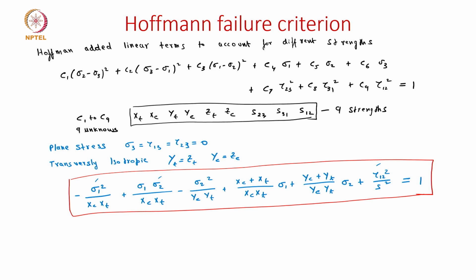So now let's look at some salient points about this Hoffman criterion. First, when compared with the experiments, a good agreement is shown. Second, it also showed that a single curve can be used in all quadrants.